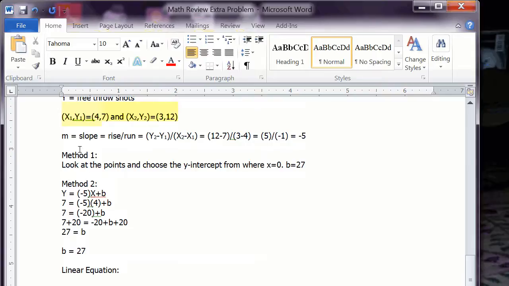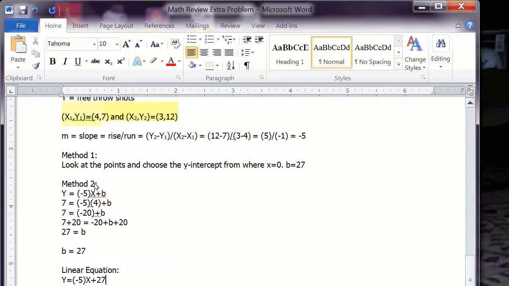Even though we found b and we found m, technically we haven't done our linear equation yet, which is what our question originally asked for. So let's fill in our linear equation. We're going to say y is equal to mx plus b, but we have found m now, so we know that our m is negative 5, and then we have our x, and then plus b, we already know what b is, so we have 27.